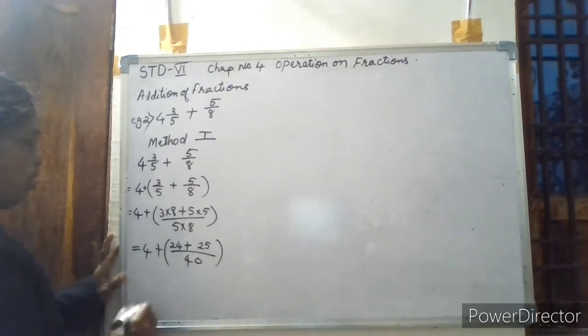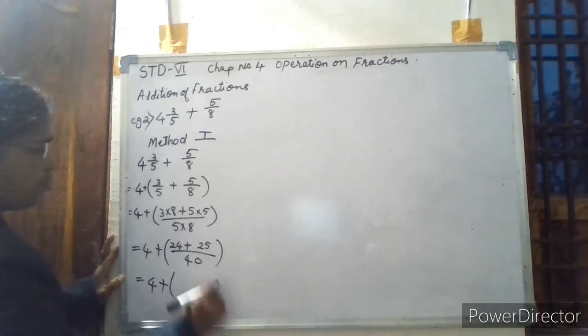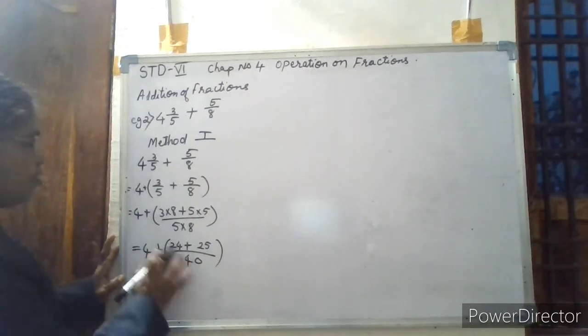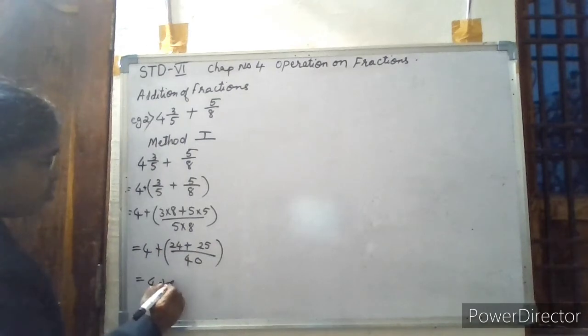Now this is equal to 4 plus, here in the bracket you add, 24 plus 25 is 49 upon 40. This is an improper fraction.